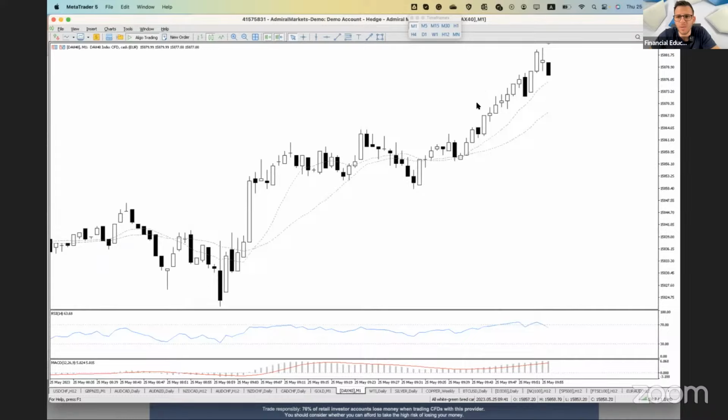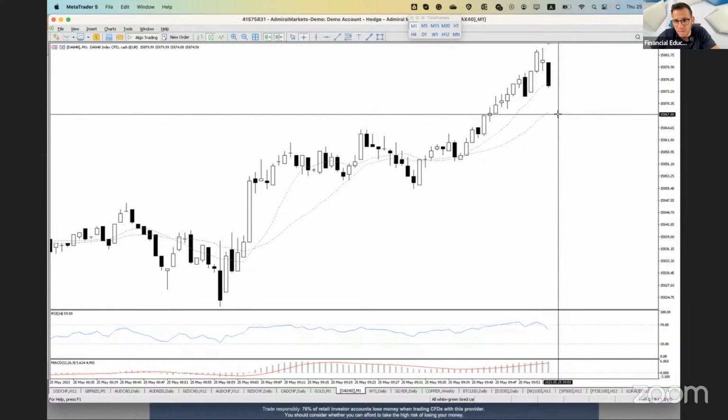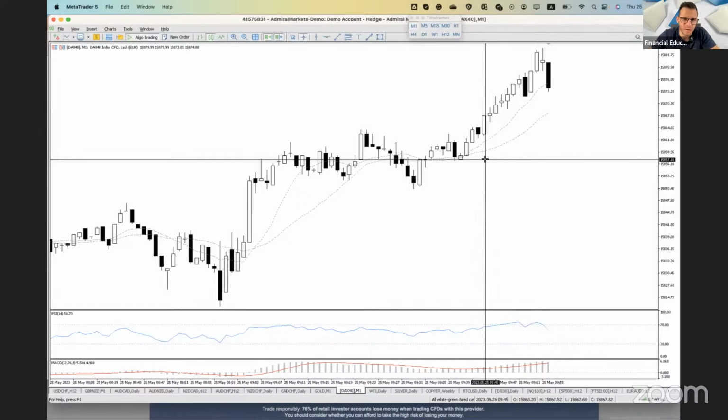So what I will do on the DAX, if we're going to see a few black candles, sellers' candles in a row, I will place a buy stop order at this point here because I would like to get filled with a London breakout. Or if we're going to continue all the way, I would like to place a sell stop order as well at this point here to get filled on the breakout to the downside.